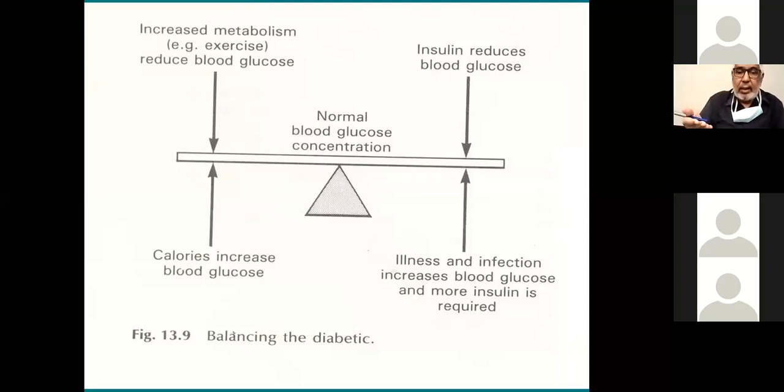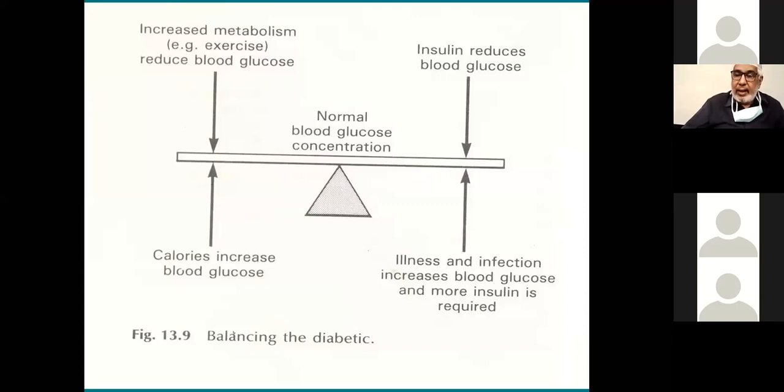And calories in check. If you look at the downward arrow showing calories, they are likely to increase the blood sugar level. And on the right side, you look at insulin reduces blood glucose.